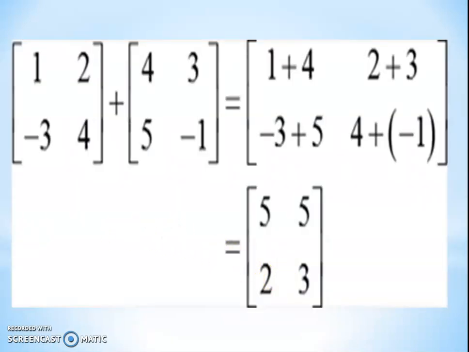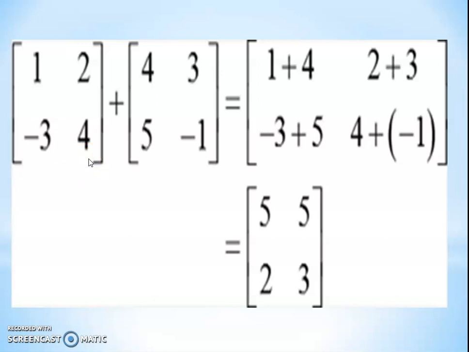So now let us try another pattern of example in the same way. We revise the 2 by 2 order matrix elements here. I take 1, 2, minus 3, 4. We check 1, 2 in the first row, minus 3 and 4 in the second row. Same trick applies. 4, 3, 5, minus 1.